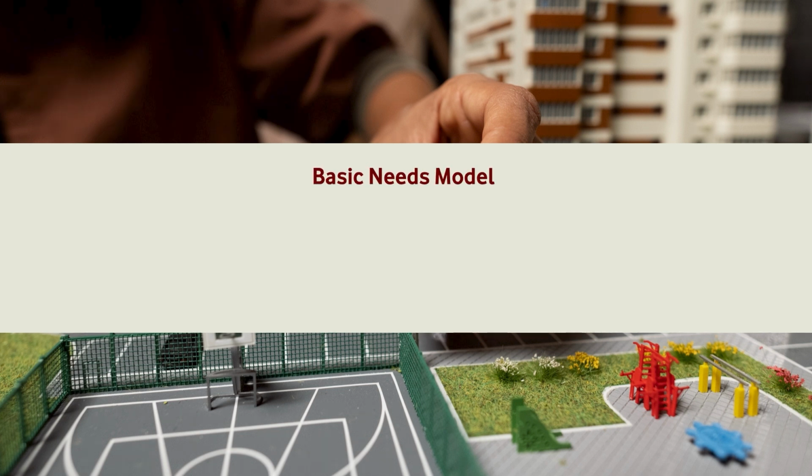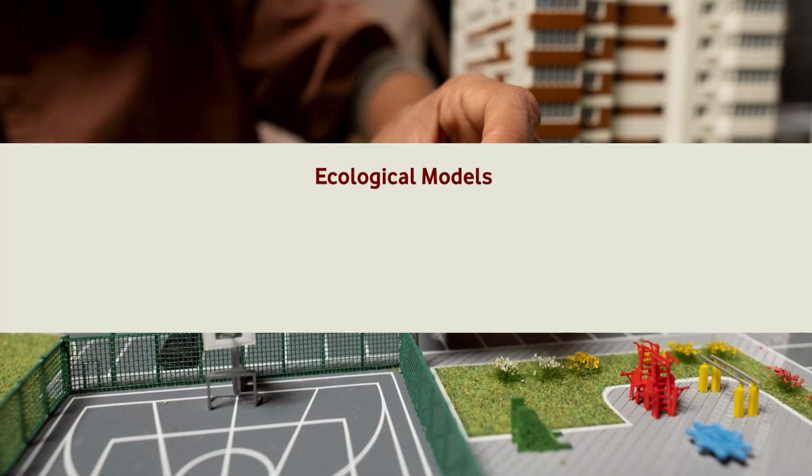There are basic needs models, which talk about basic needs pertaining to income and services. There are ecological models, where they say that man is a part of the ecosystem, and development should address the surroundings and use economic resources in a sustainable manner.